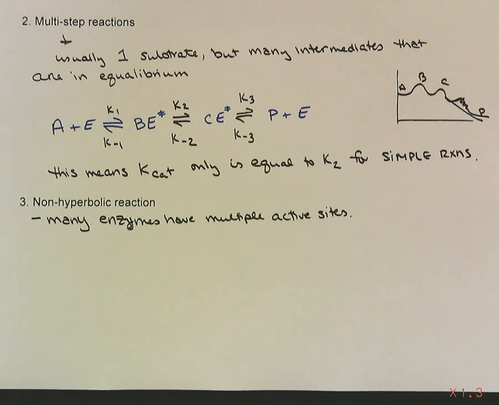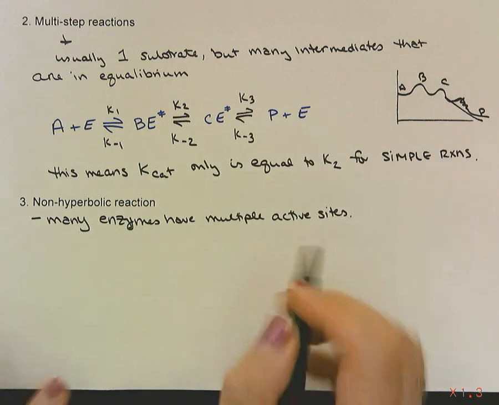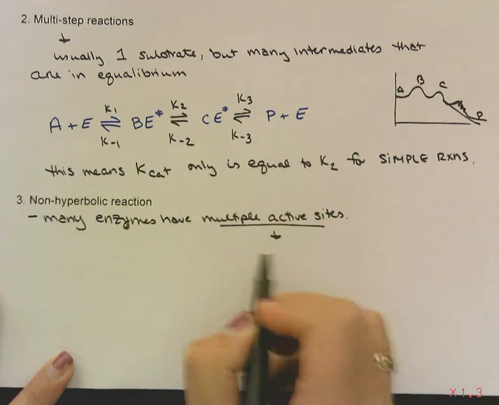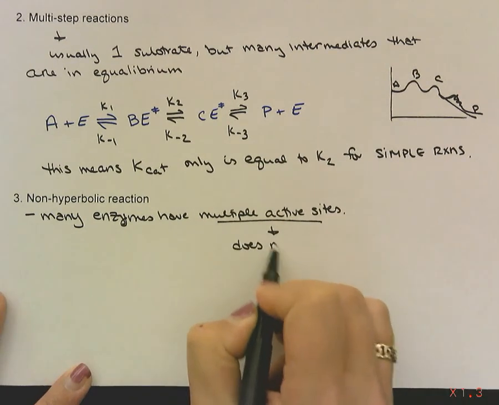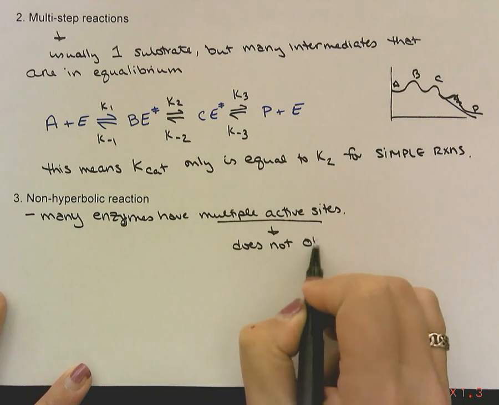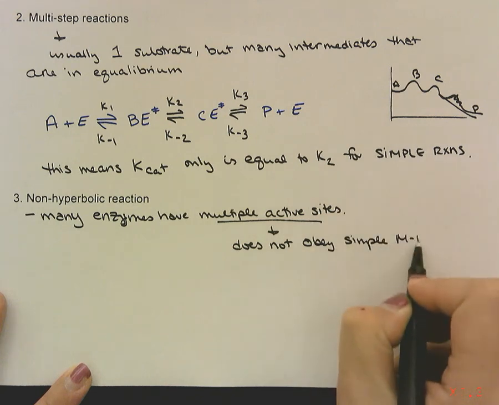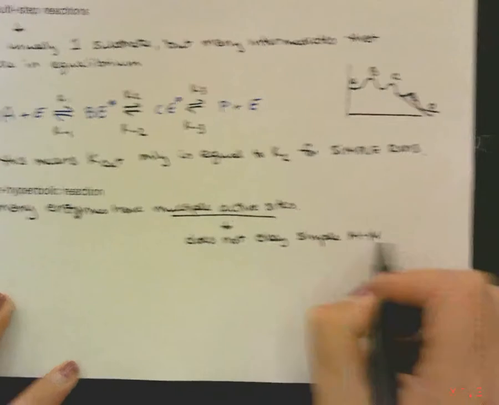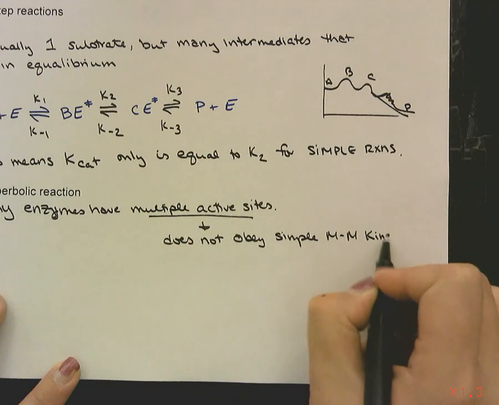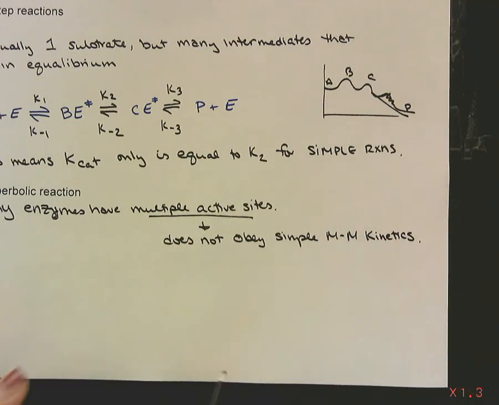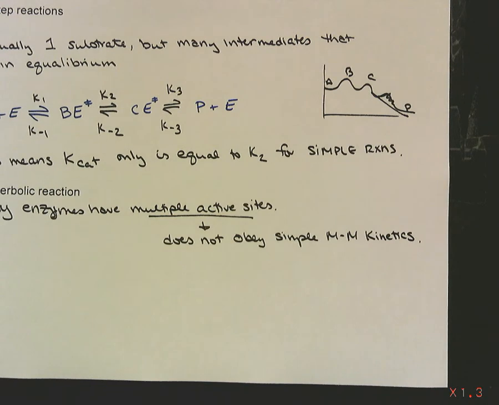Most enzymes have more than one active site. If they do, it does not obey simple Michaelis-Menten kinetics. Because again, our assumption is one substrate into one active site of one enzyme goes through one change to make product. So if it has multiple active sites, it can no longer obey Michaelis-Menten kinetics.